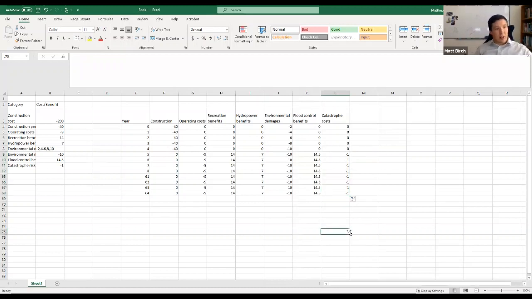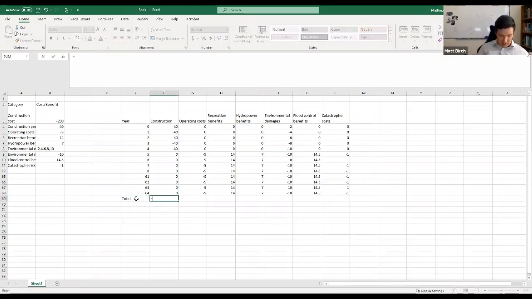Okay, this is what our table looks like if we don't discount the future. If we didn't discount the future, that's all of our stuff. And we could total for each category.